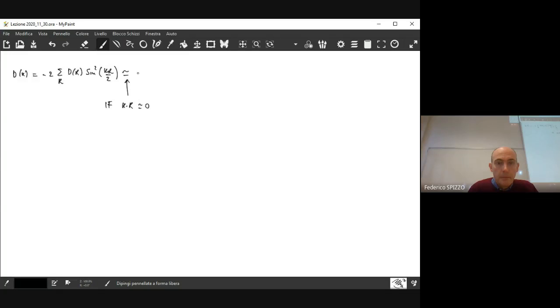So this is minus 2 summation over R of D of R. In this case, we have k times r squared divided by 4, and we may simplify this, so we have a 2 factor here.